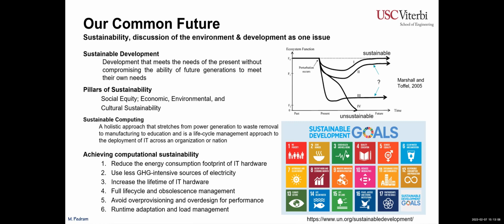And this, as I will explain later on, has to do not only with their footprint as the equipment and servers and devices are being used, but also when they are being manufactured and when they are being disposed of at the end of life.